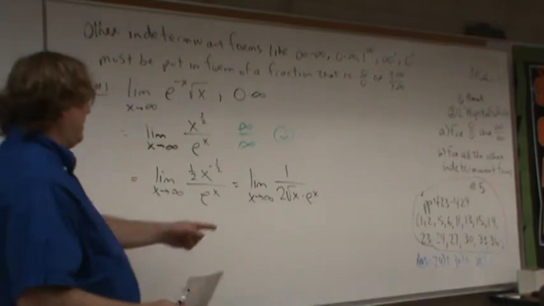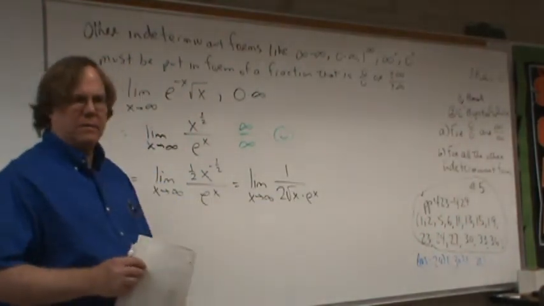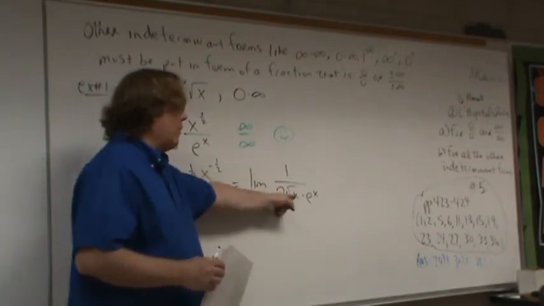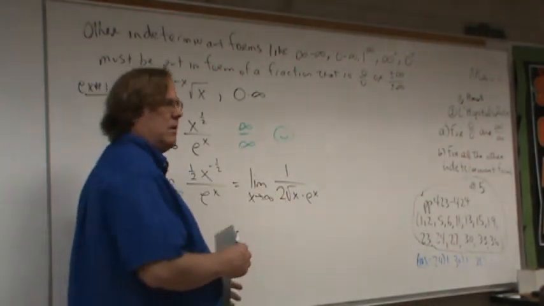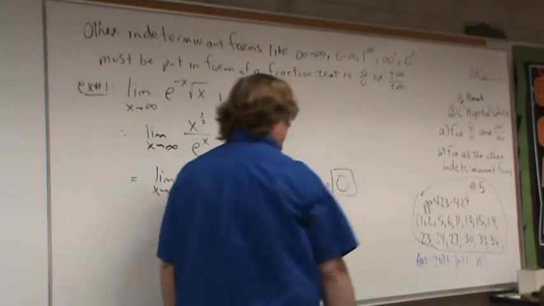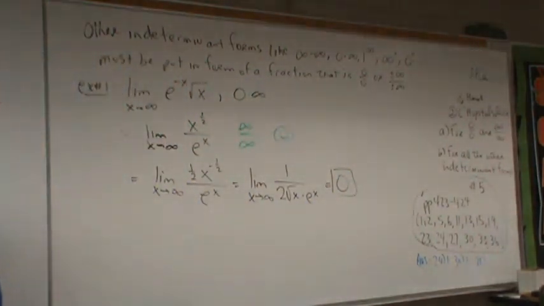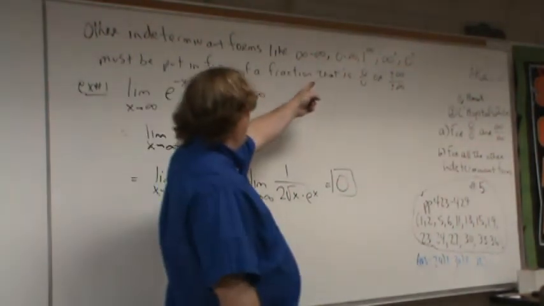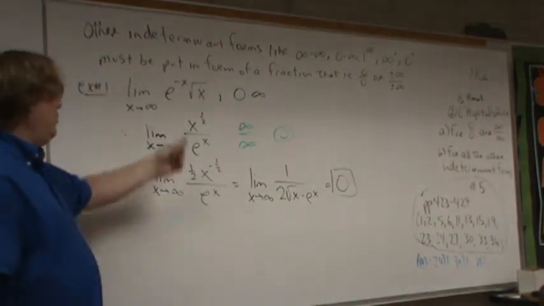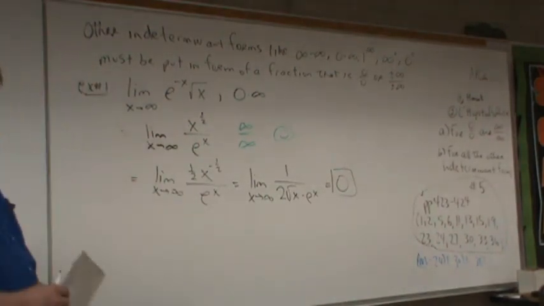And so now when I stick in infinity, what do I get? 0. I get 1 over a hugely gigantic number, which is 0. So there's the answer. It's 0. You see? So on tonight's homework, when you're presented with something like 0 times infinity, someone's going to go in the denominator. And usually it's pretty obvious who goes in the denominator.